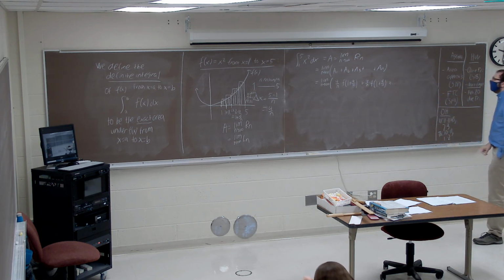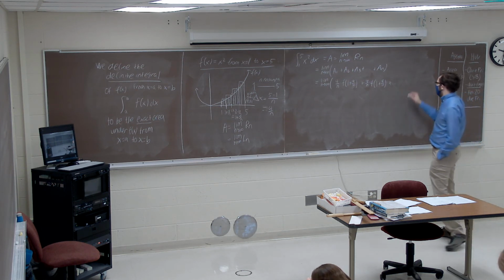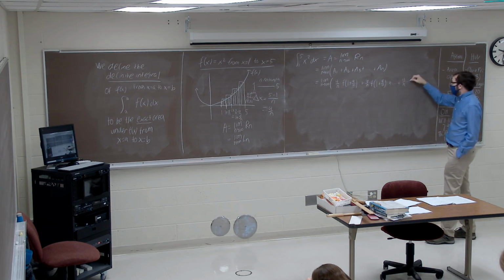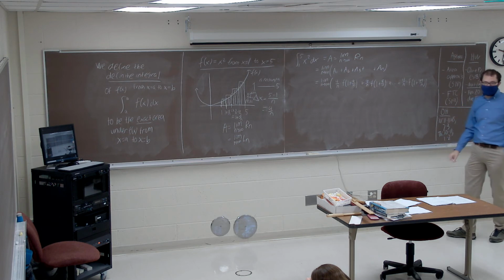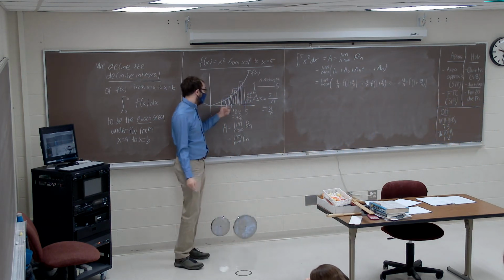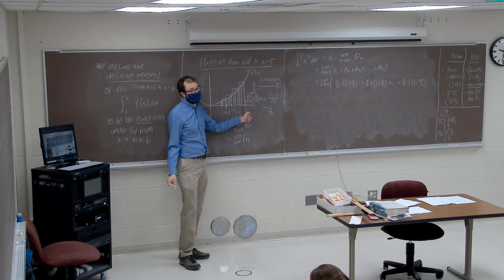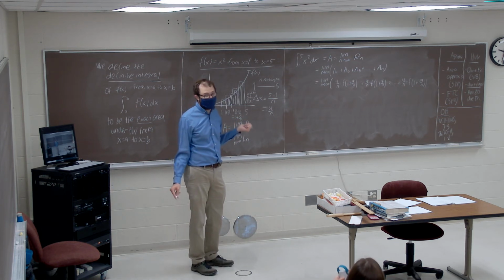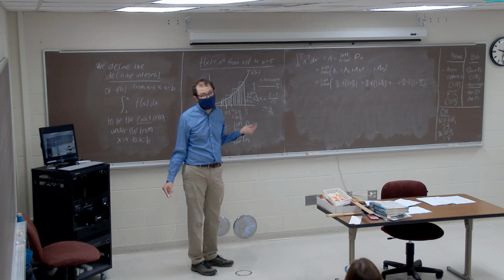And then, turns out we can repeat this process all the way up to our last rectangle, which is still going to have a width of 4 over n, and it's going to have a height of f of 1 plus 4 times n over n, because it's the nth rectangle, meaning we've started at 1, and we've traveled out 4 over n, n times to get to our last endpoint. So the last endpoint is going to be at 1 plus 4n over n, which, as you all probably know, is just going to simplify to 1 plus 4, which is 5.